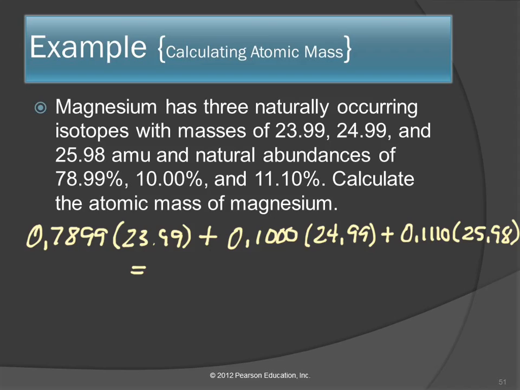Times 24.99 plus 0.1110 times 25.98 equals. And my calculator shows me 24.332481. This is the average mass. It's going to have the same unit that the masses of each of these had, atomic mass unit.